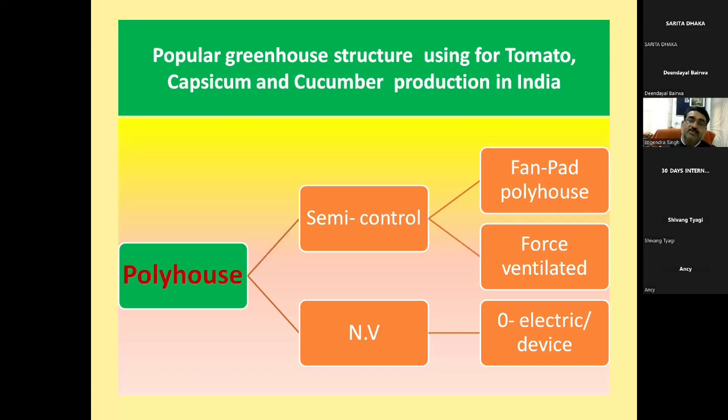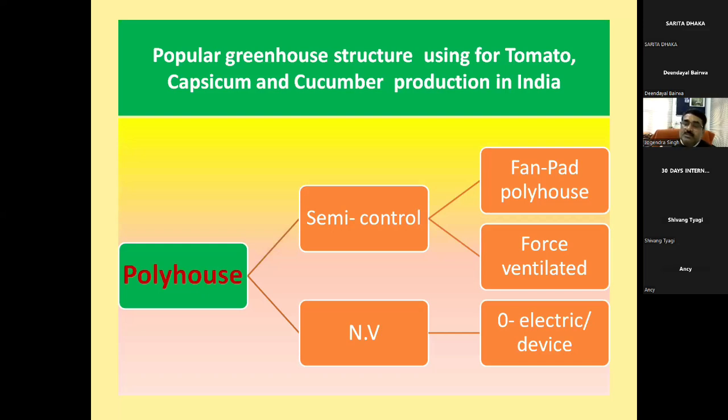The semi-controlled group has two types of polyhouse design. First is a fan-pad polyhouse and second is a forced ventilated polyhouse. So these are the device-based polyhouses known as semi-controlled or controlled polyhouse or greenhouse. And NV polyhouse, naturally ventilated polyhouse, the other name, is zero electric device based polyhouse system.